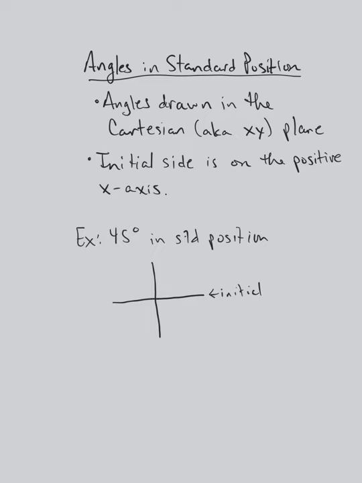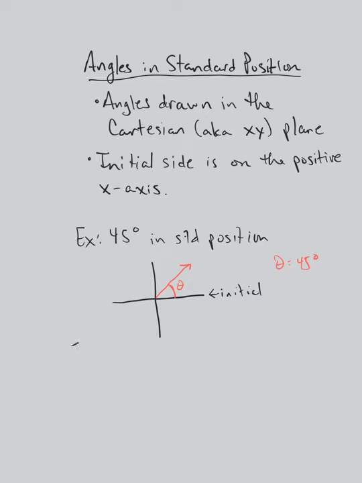If you think about it, 90 degrees is a right angle, so 90 degrees would go right here to the positive y-axis, but we want half of that, so we do a 45 degree angle. It would go halfway between there, and so there's 45 degrees in standard position. And if I wanted to give it a name, I could call it theta, just to denote that theta is equal to 45 degrees. That's up to you.